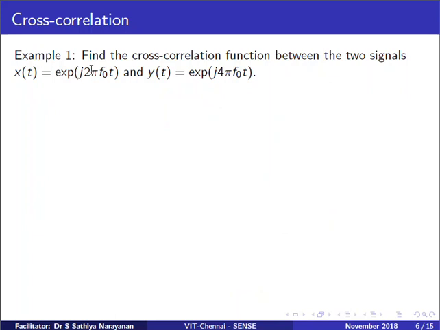The first signal is of frequency f naught, and the second signal, if written as exponential of j 2 pi 2 f naught t, has frequency 2 f naught. So we are trying to find the cross correlation between two complex sinusoids of different frequencies, one with frequency f naught and another with frequency 2 f naught. And being complex sinusoids, these are power type signals.